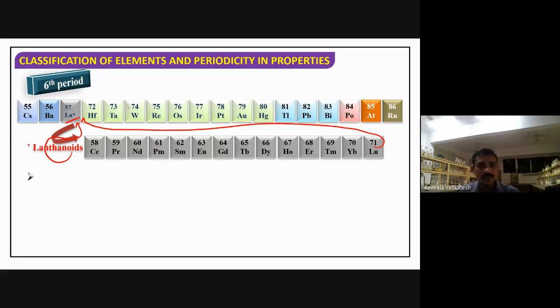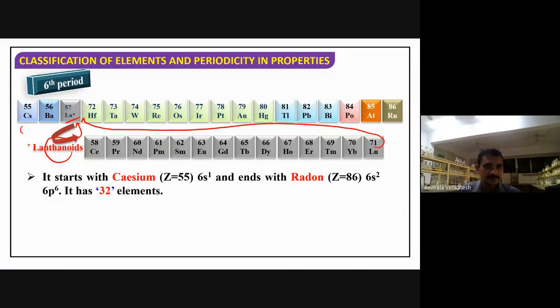Now, if you observe what happened here, we start with cesium 6s1. This one will be 6s2. This one will be 5d1. Here it will start with 4f1, 4f2, similarly up to 4f14, and this will be 4f13.